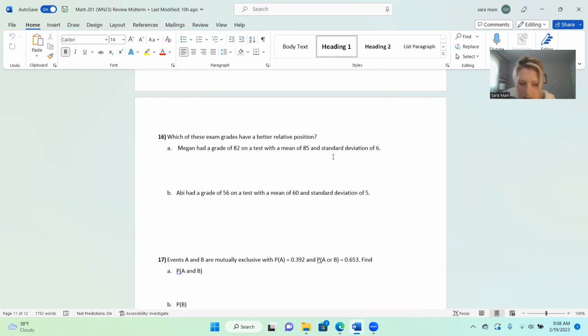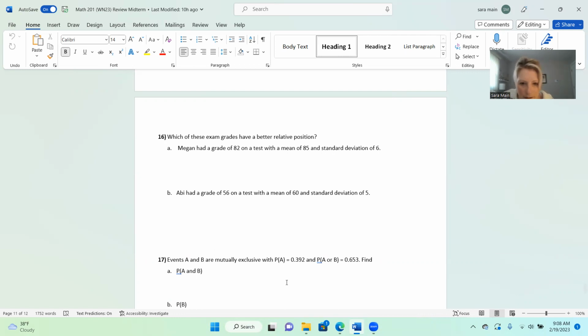So we're going to look at Megan had a grade of 82 on her exam. And that test had an average score with all students of 85 and a standard deviation of 6. And then Abby, we want to see which student had a better relative position. Abby had a grade of 56, but the average on her test was 60 and a standard deviation of 5.